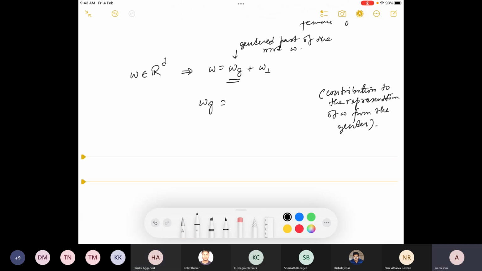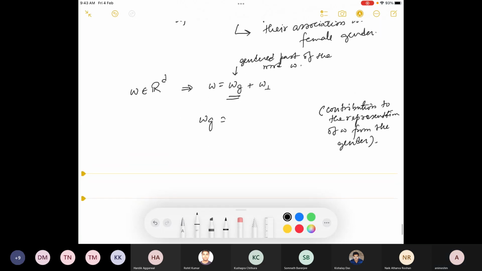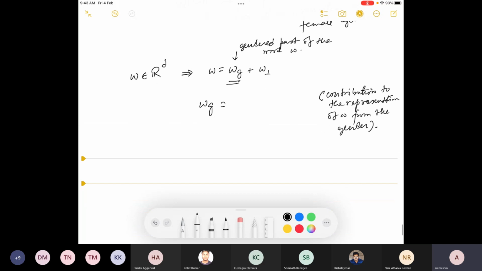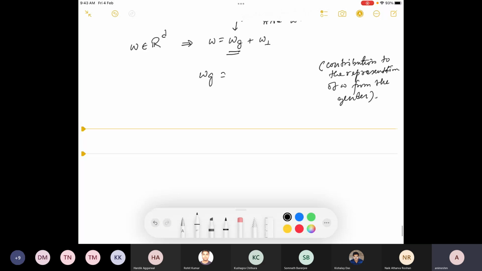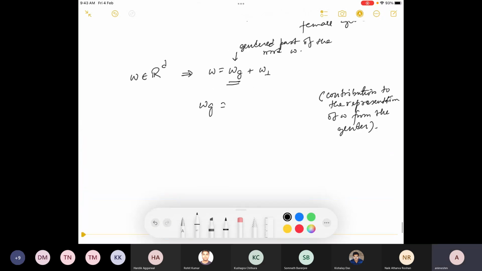It's the projection of the vector W along the direction of G. And that can be expressed as... but then G, as all other vectors, is normalized.